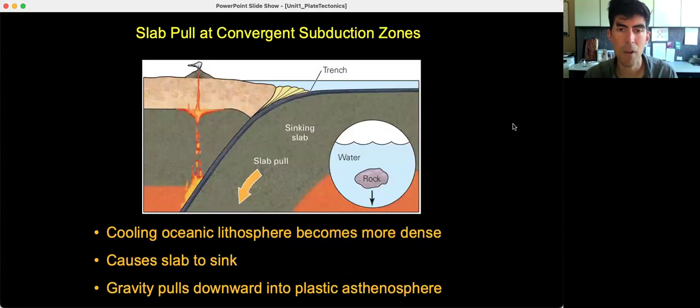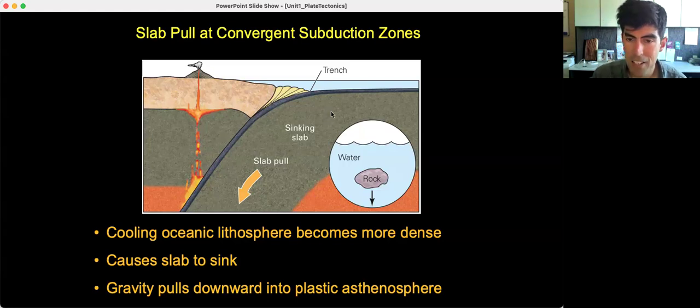The second type of mechanism that is driving plate tectonics is called slab pull. Slab pull is a very strong force that is pulling different oceanic plates deeper into the Earth. Remember that the oceanic lithosphere is very dense and very cold relative to the continental plate.